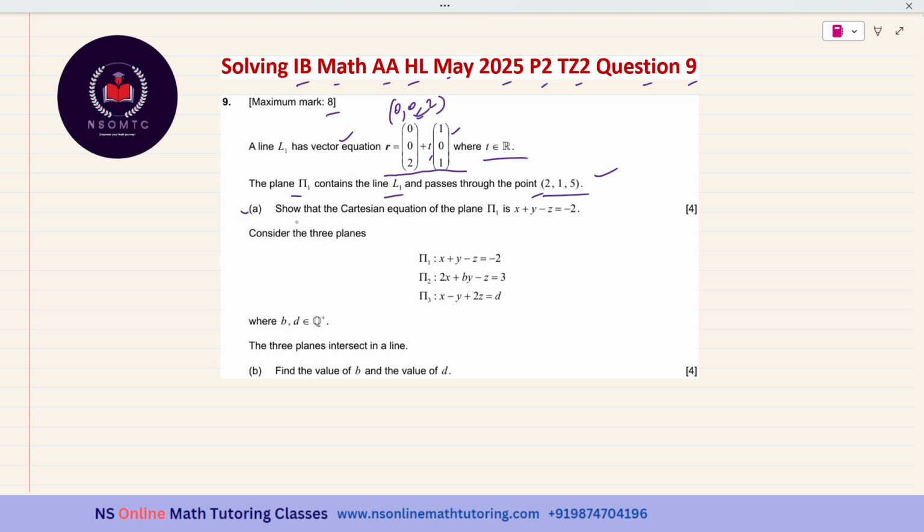So part A is saying: show that the Cartesian equation of the plane pi 1 is x plus y minus z equals minus 2. So what is the Cartesian equation?